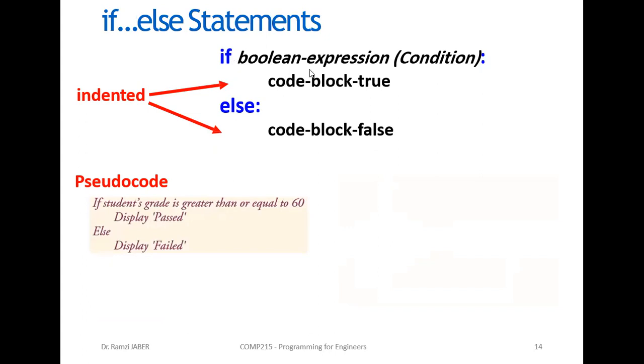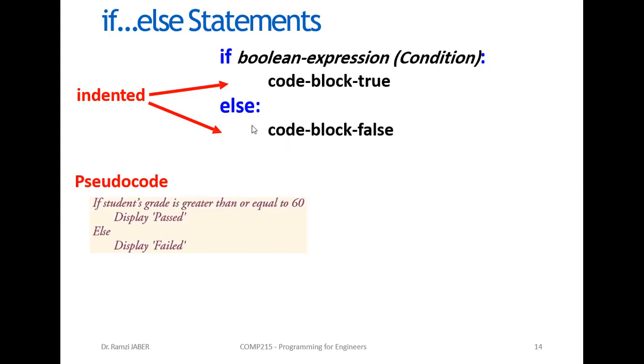So: if Boolean expression, condition, colon, enter, tab, code block for the true part, else, another colon, code block for the false part. If you have many statements in the if, enter tab, enter tab, then else, don't make it tab. Then enter, tab, the code for false.